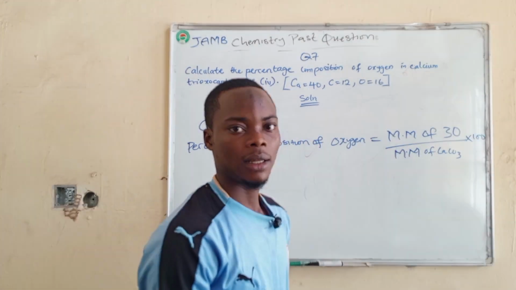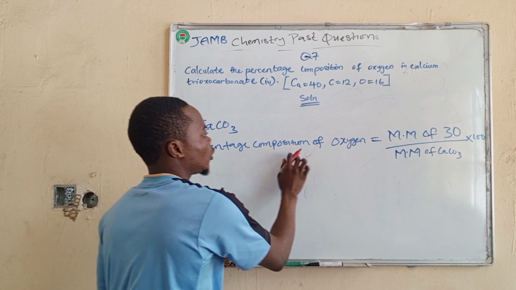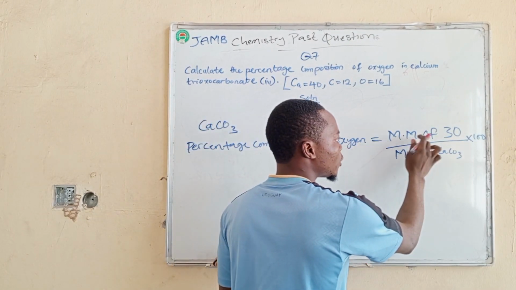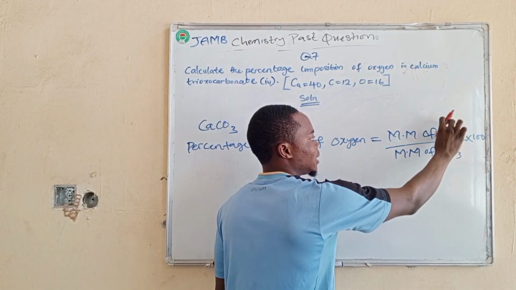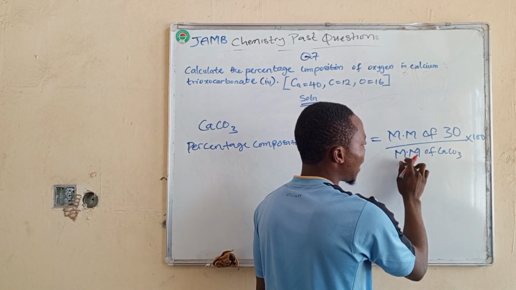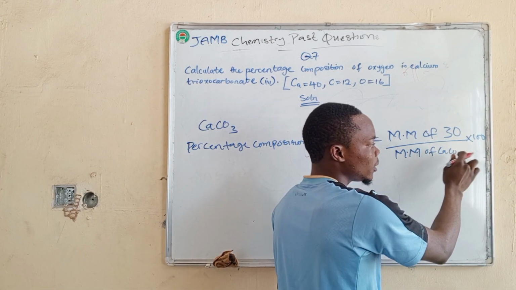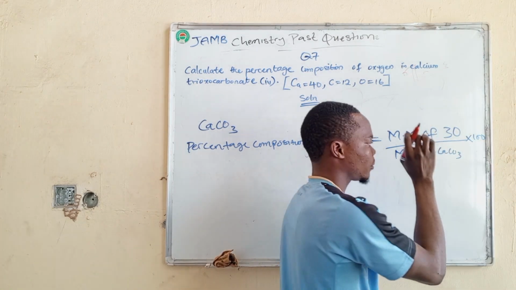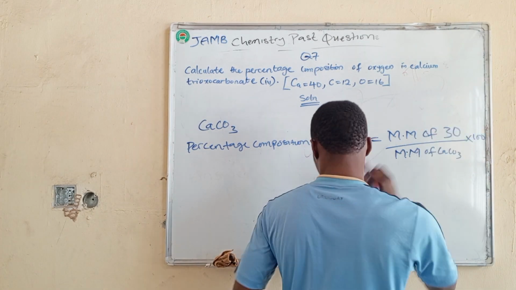That's the formula. Percentage composition of oxygen is equal to the molar mass of oxygen, that is 3 atoms of what? Oxygen, all over the molar mass of calcium trioxocarbonate(IV), times 100.